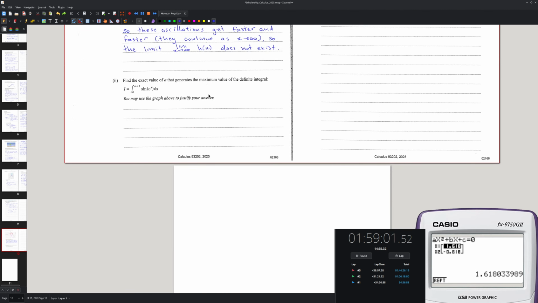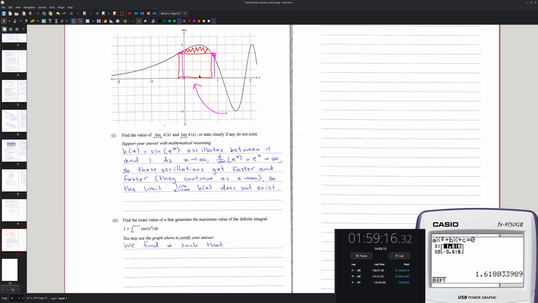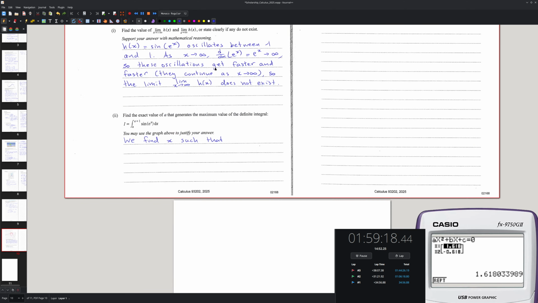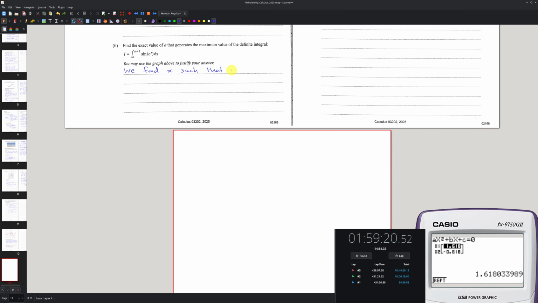We find, okay, but I don't even know if it's possible to find x such that x is less than 1. X is less than 1. Sine of e of x is equal to sine of e of x minus 1.